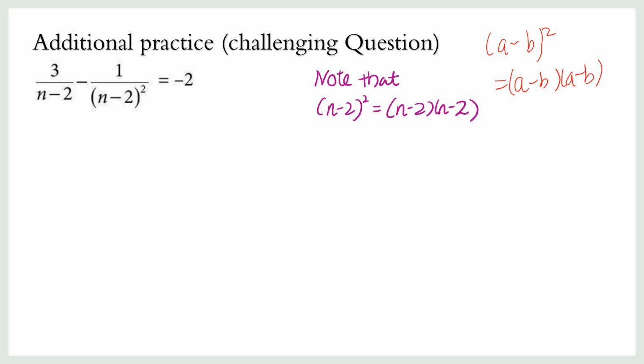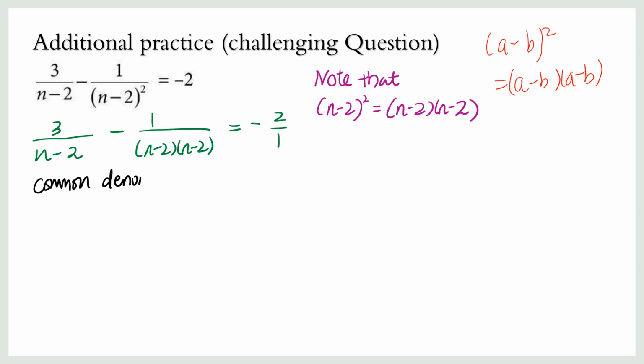Okay, or if you have bracket a minus b close bracket to the power of 2, it means it's just a minus b times another a minus b. Right, so the next thing is that, take note that the common denominator now will be just n minus 2 multiplied with n minus 2.